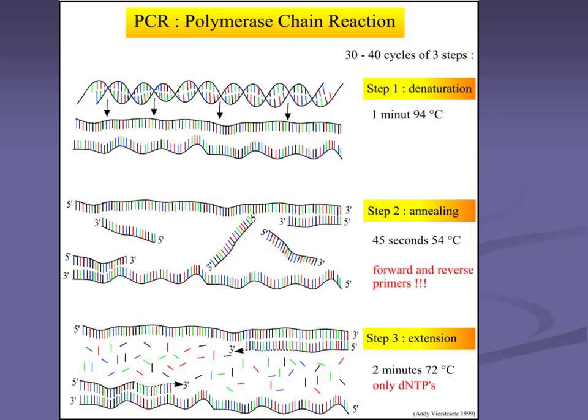Actually, I think it's written T with a subscript AQ, Taq DNA polymerase. The Taq stands for Thermus aquaticus. It's isolated from a bacteria that live in these hydrothermal vents, these hot springs.